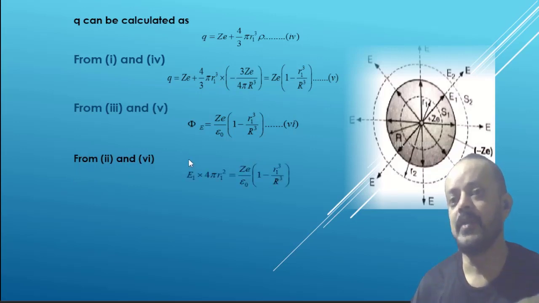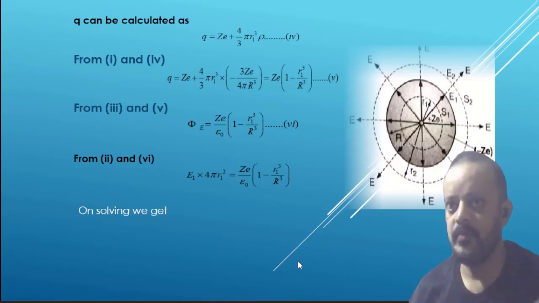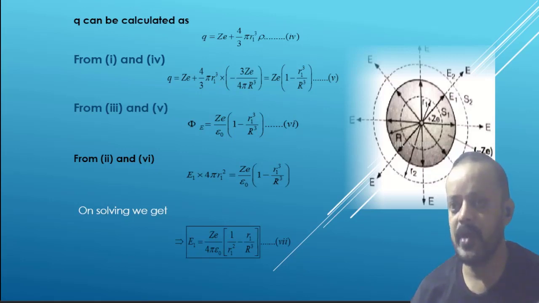So we get E1 multiplied by 4 pi R1 square is equal to Ze divided by epsilon naught in bracket 1 minus R1 cube divided by capital R cube. On solving, we get E1 is equal to Ze divided by 4 pi epsilon naught in bracket 1 by R1 square minus R1 divided by R cube. So this is the value of the electric field inside the atom.